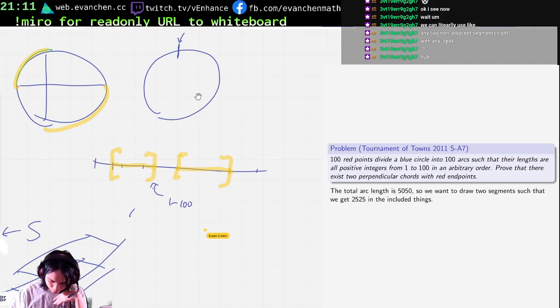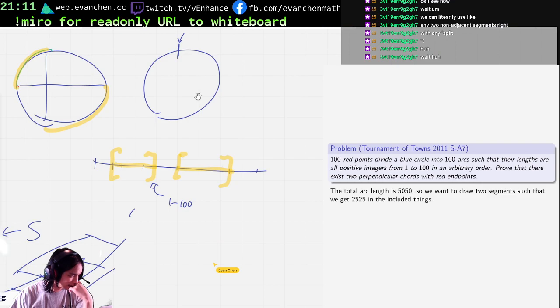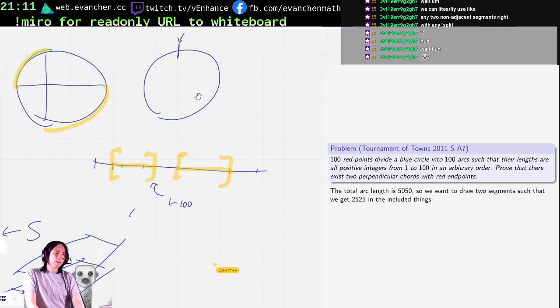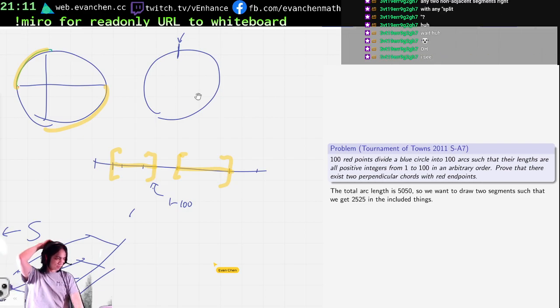So I guess I'm supposed to look at the partial sums? You have 100 partial sums and I want like 4 of them to have the property that b plus d minus c minus a or whatever is 25. Okay, fine.